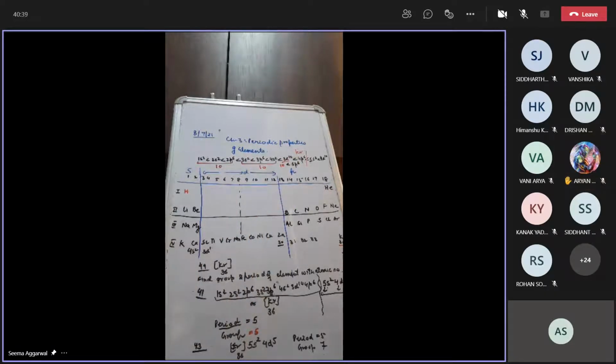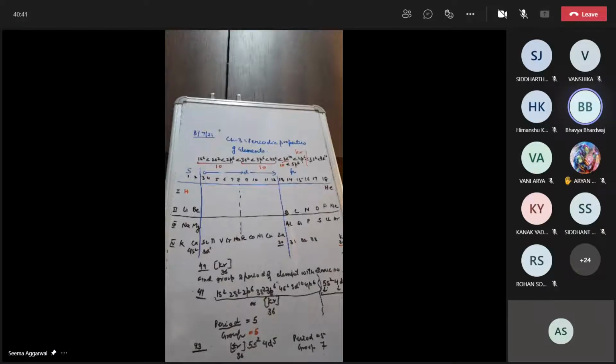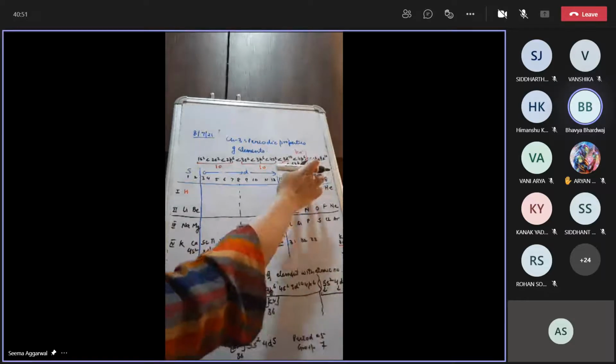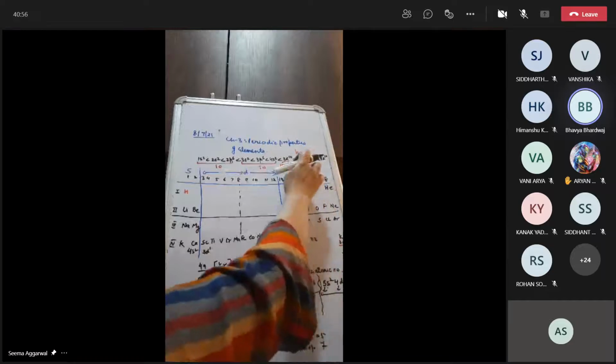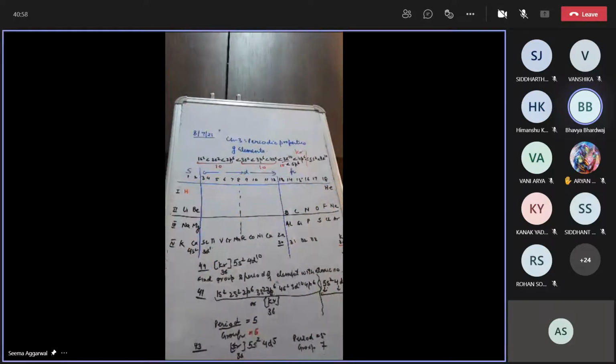Ma'am, 5s2 4d10 and 5p1. 5p आएगा. और वो प्रिंसिपल बेटा प्रैक्टिस कर लो. ठीक है. ये तो मैं बहुत जल्दी खत्म करा देती हूँ टॉपिक.